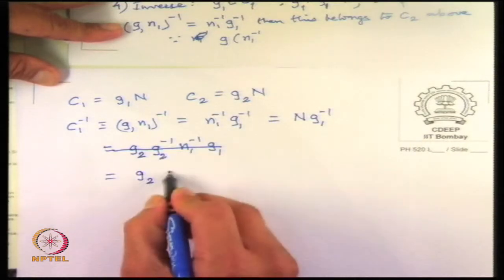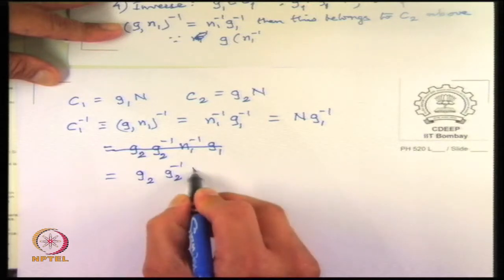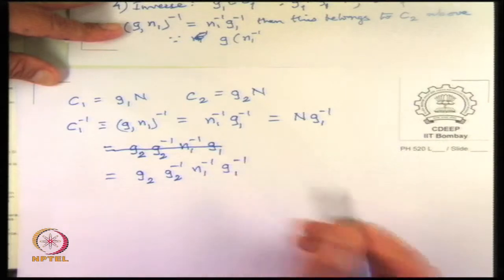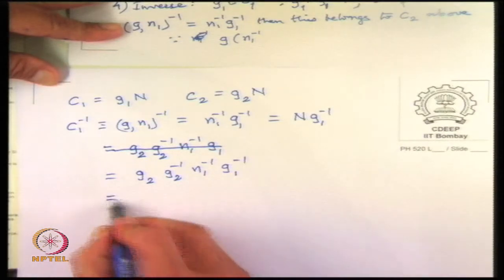So we insert G2 inverse and N1 inverse G1 inverse. That does not help us directly, but we write this.